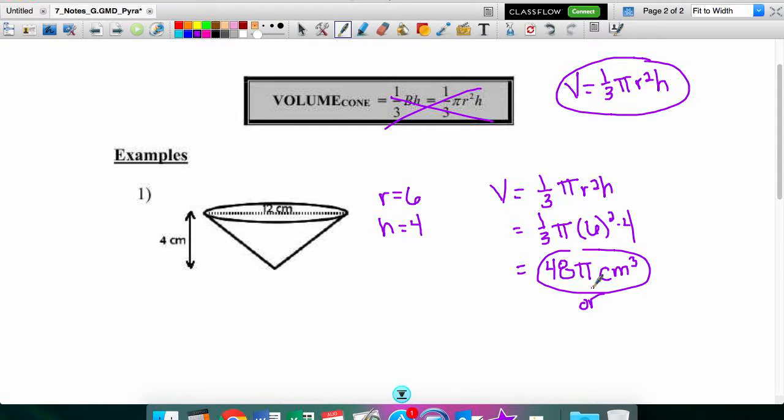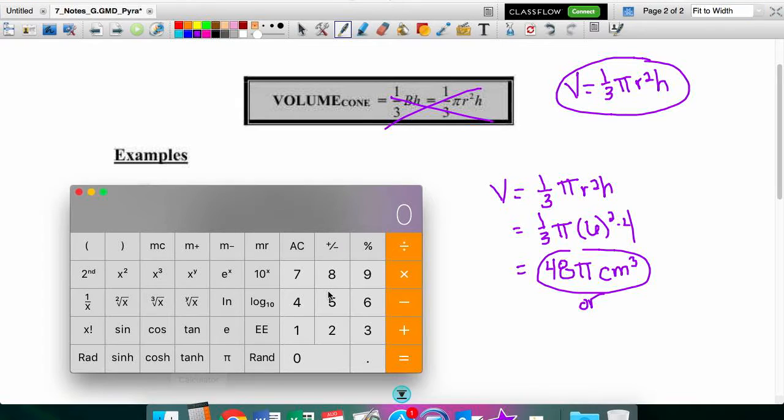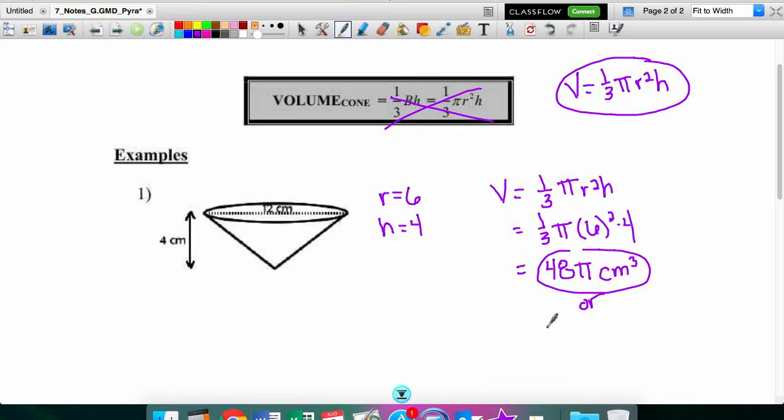If you prefer decimal, we could absolutely do that. So 48 times our pi gives us a decimal equivalent of 150.80 if you round. And that would be centimeters cubed as well.